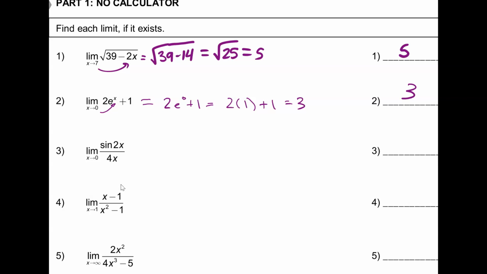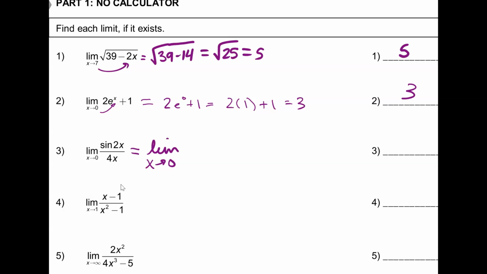All right, let's go, Maya. How might I do this? Oh, the next one. Okay. Well, I know sine x over x, the limit as x approaches 0 is 1. Can I cross out the 2 and the 4? No, because it's sine of 2x.